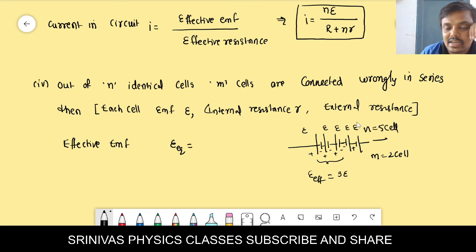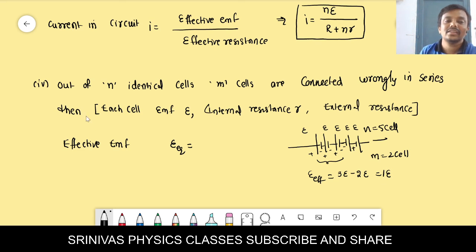These two are reversely connected, so due to the reverse we have to subtract. Then we get minus 2E. The answer is only 1E. That is the right answer. 3 cells rightly connected is plus 3E, 2 cells wrongly connected is minus 2E. The total EMF is 1E.